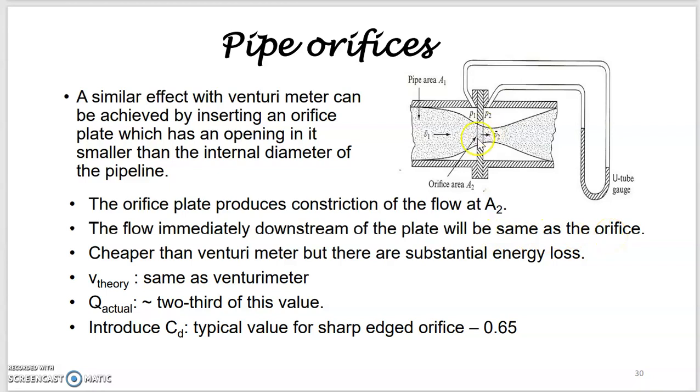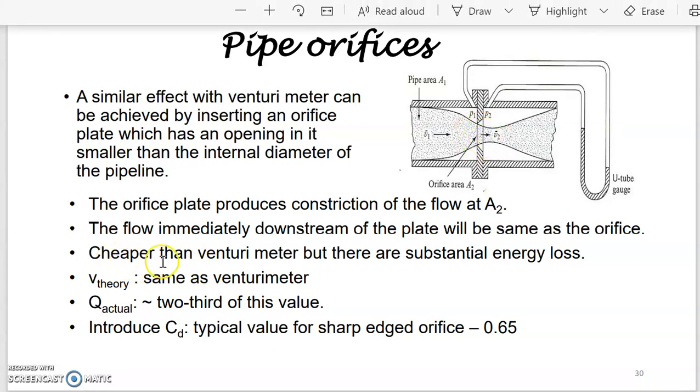Okay, so Q equals AV, so the diameter of the orifice may cause changes of the velocity. It is cheaper than the venturi meter, but there is substantial energy loss.